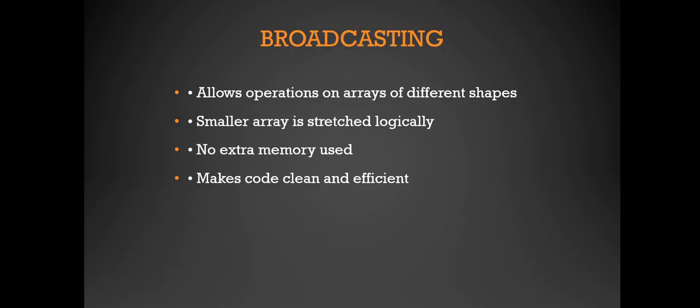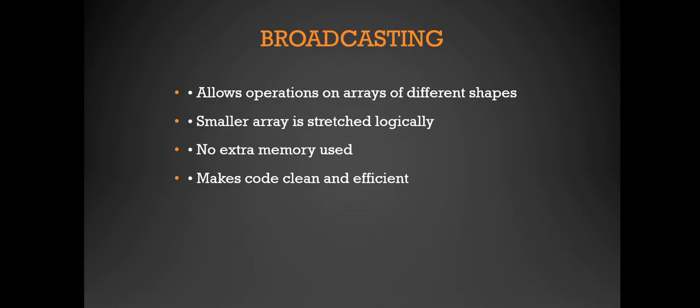And the next topic is broadcasting. What is broadcasting? Before seeing what broadcasting is, I'll give you a small example. For example, if you have two arrays, one is a 1D array and the other is a 2D array. If you have such different sizes or shapes of arrays, you cannot perform operations on them because they are two different things.